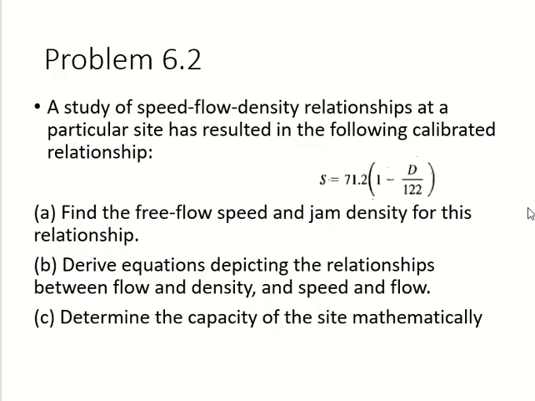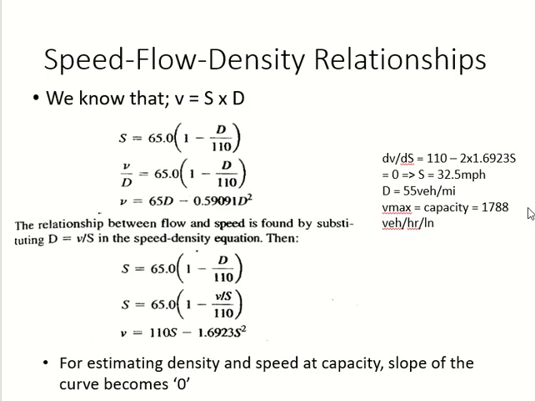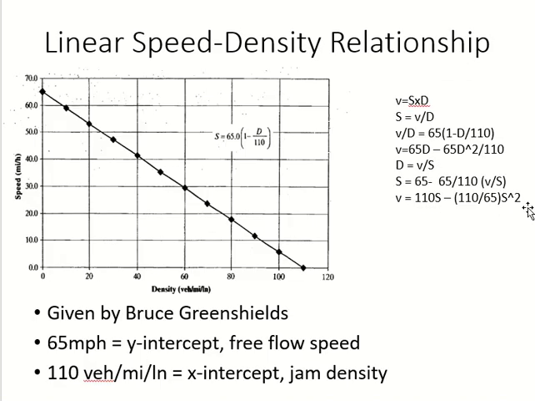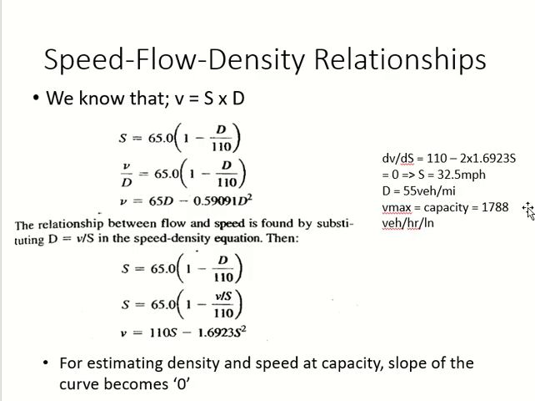The speed is 0. This is easier to remember: at jam, speed is 0. Clear? For parts B and C, you will do all this derivation, starting from here and then this one. Clear? Any questions?